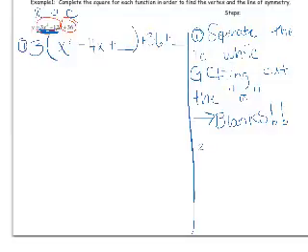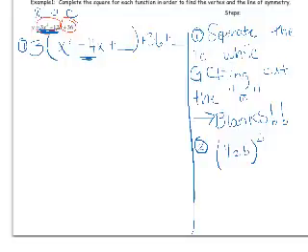Step 2 is half of b and square it. So this negative 4 is now our b value.